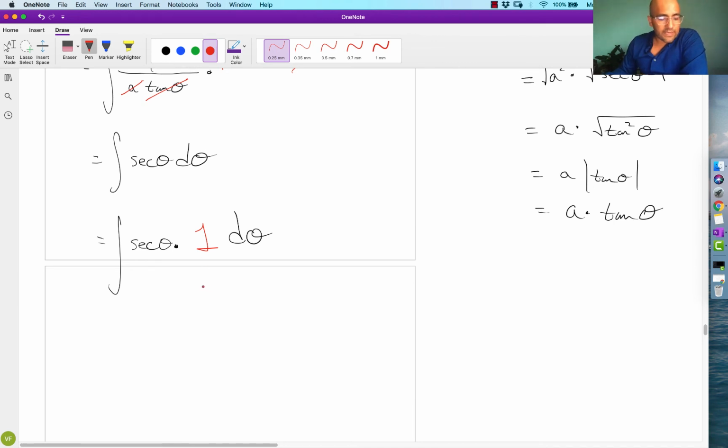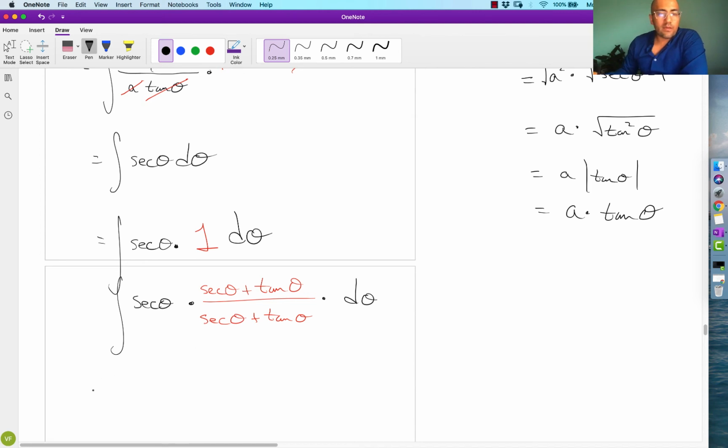And that will, in this case, be equal to secant theta plus tangent of theta divided by secant of theta plus tangent of theta. Right? So if we multiply that whole thing, secant of theta times that, and we have the same integral times d theta. Good.